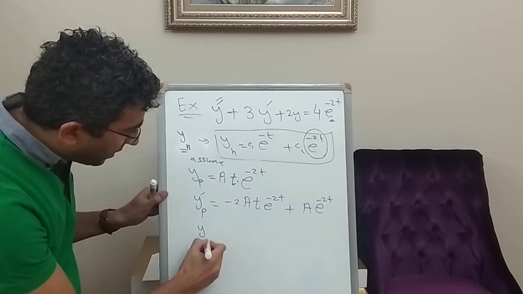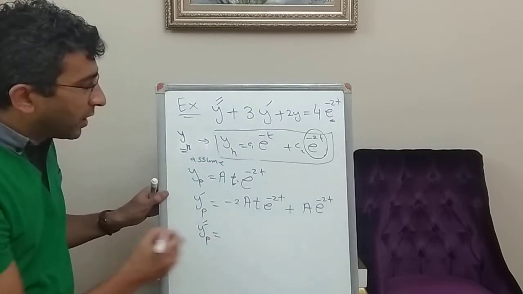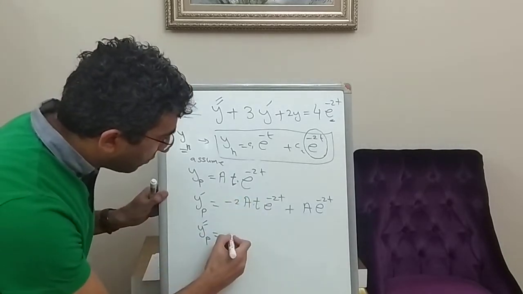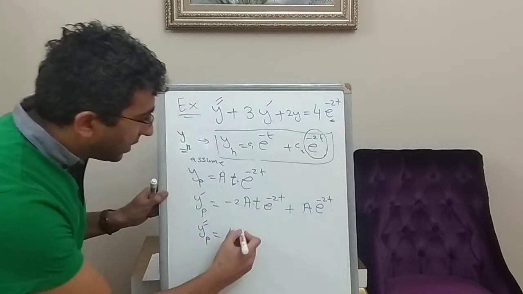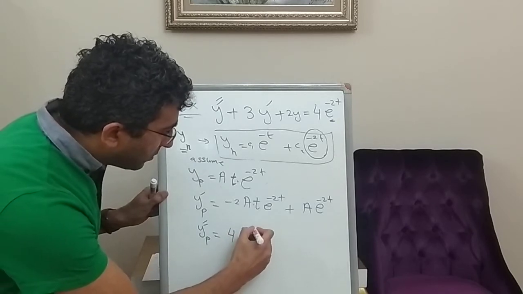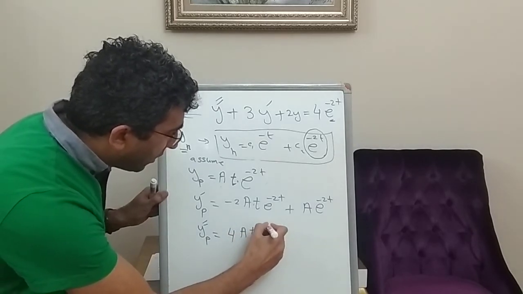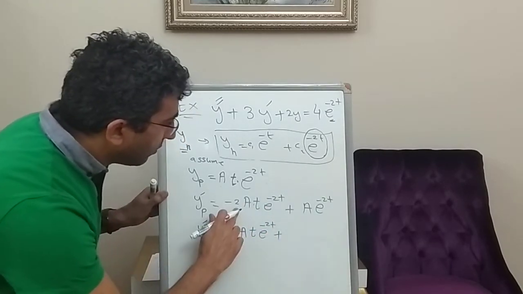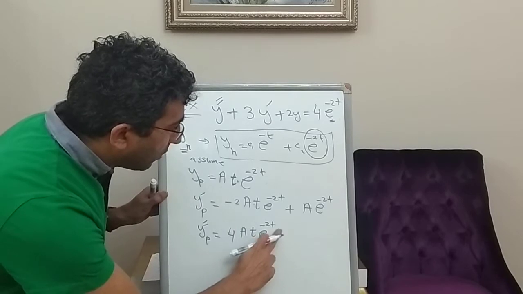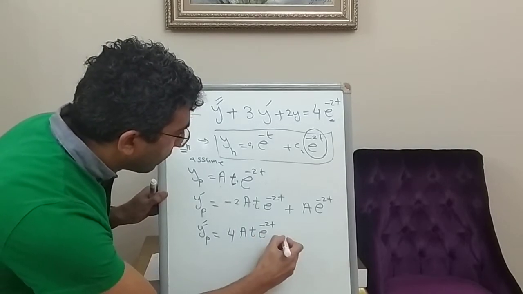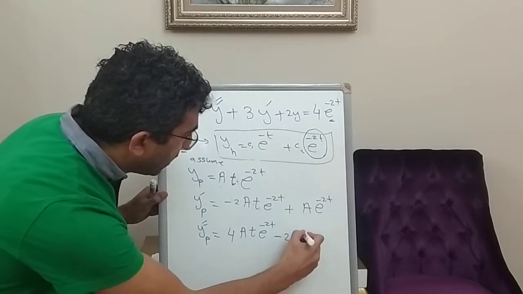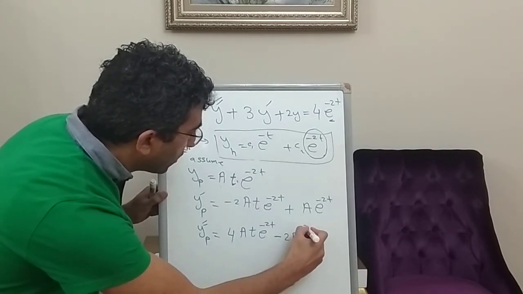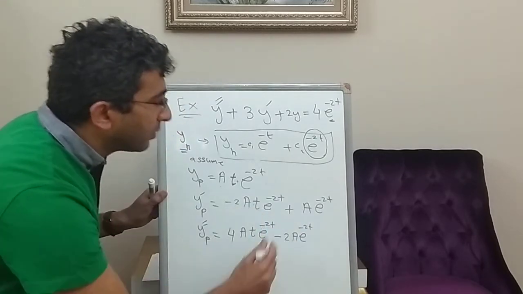You get again the second derivative for that. So again here you have the product between these two. This times that gives you 4 a t e to the minus 2t, plus the second function, which gives you minus 2a e to the minus 2t times the derivative of t, which is equal to 1.